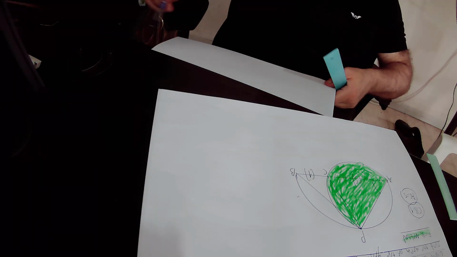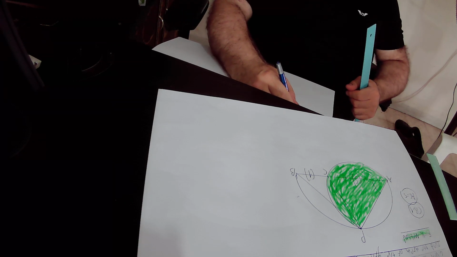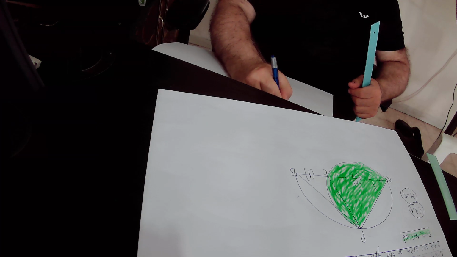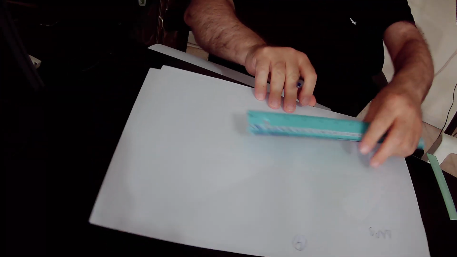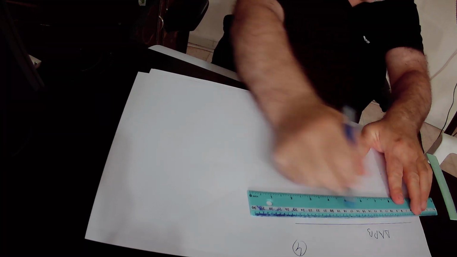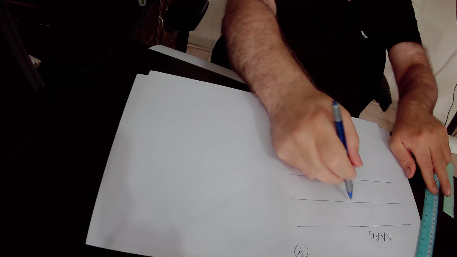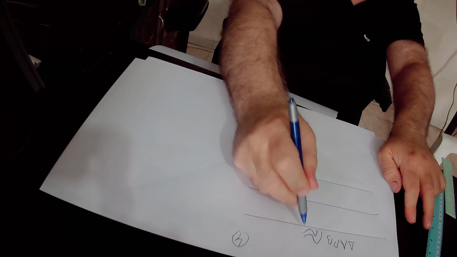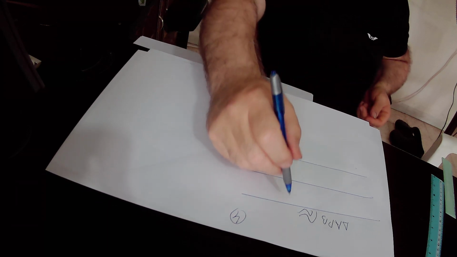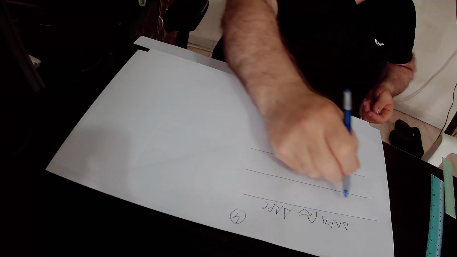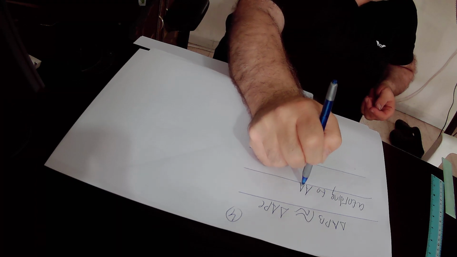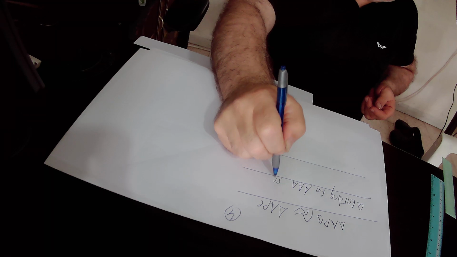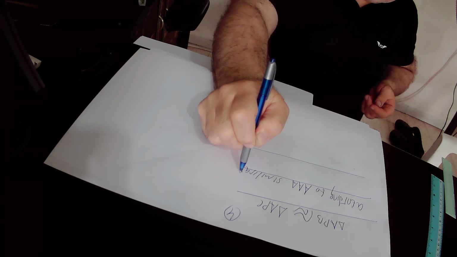So I write it down. The right triangle APB is similar, this is the sign of similar, to the right green triangle APC according to the angle similarity rule.